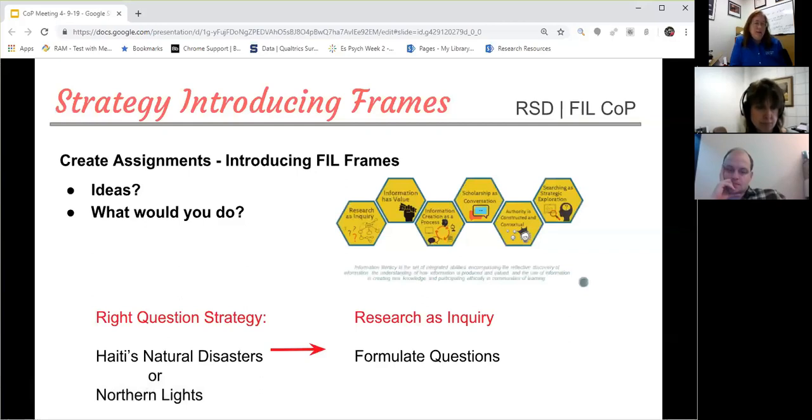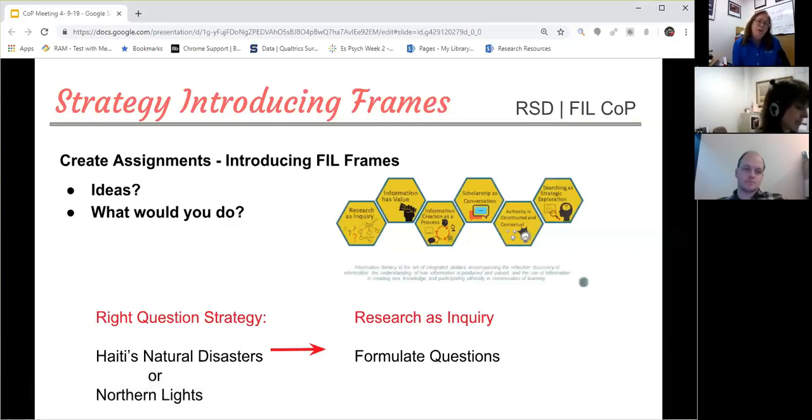So one of the things that I found, we'll talk about it a little more, but there's this book. And the title of it is Make Just One Change. And they talk about creating questioning techniques, but you give up the question.